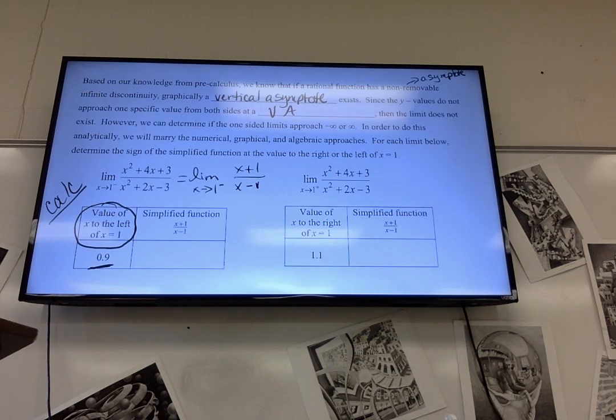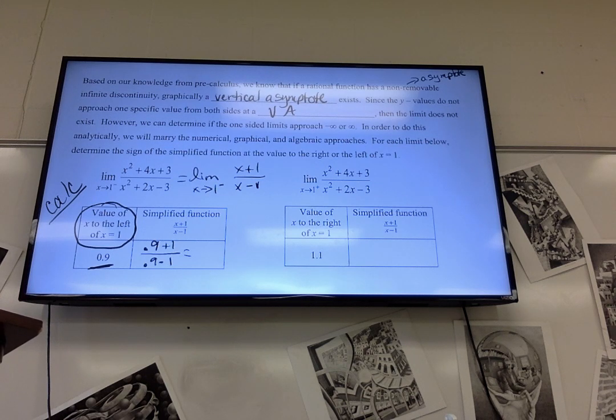So if I do 0.9 plus 1 over 0.9 minus 1, somebody tell me what you get. Negative 19, right? Let's do 0.99.